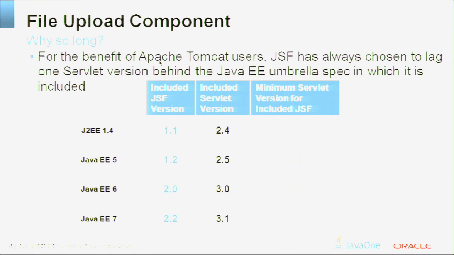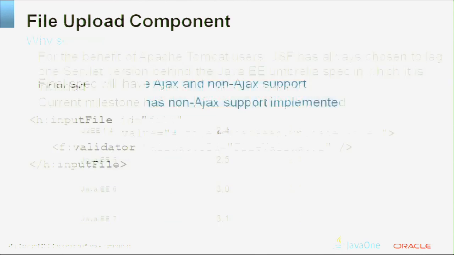So with J2EE 1.4, even though we had version 2.4 in the servlet spec, we didn't depend on anything except servlet 2.3, and so on and so forth. So servlet 3.0 was the first version of servlet that had multi-part form file uploads support. And so not until EE7 are we able to do our normal trick of depending on one level behind. So that's why we have it now.